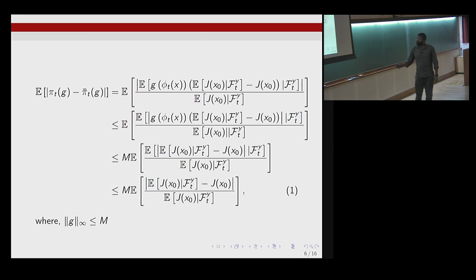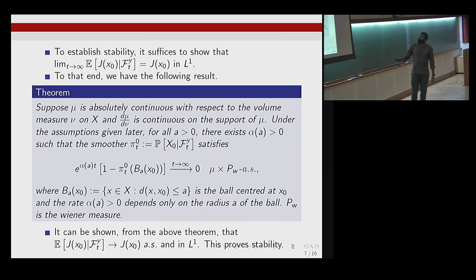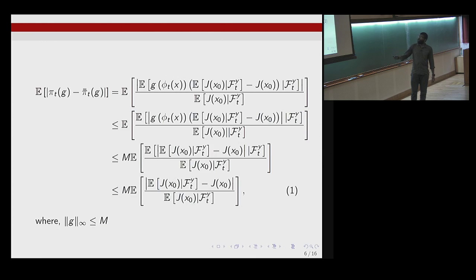Now, if, as I keep making more and more observations, I am able to get much better information about the initial condition, then I would naturally expect that this difference will go to 0. And that is really what I am trying to prove here. I basically want to prove that this is the case in L1 because it is the expectation I am looking at.